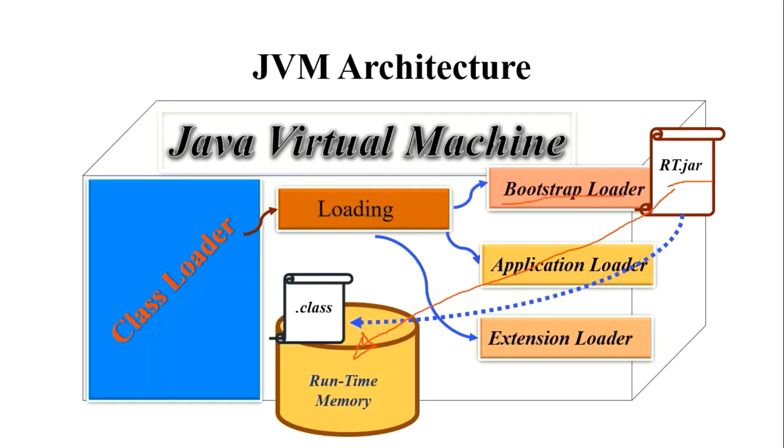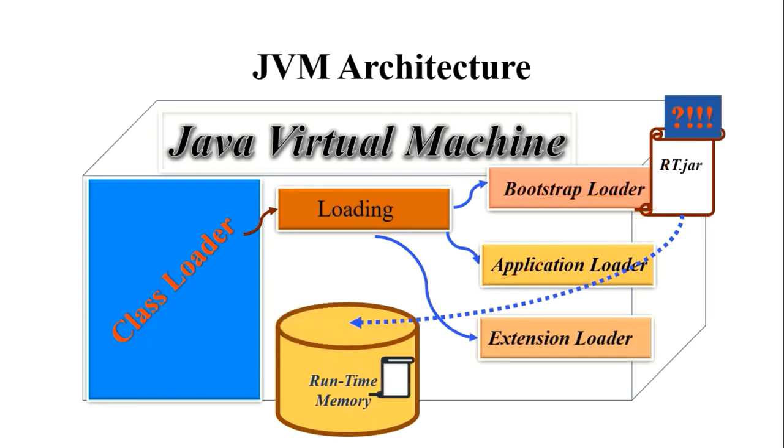Now, what do you mean by rt.jar? It is very important, which is also known as runtime jar. For example, when you write the code system.out.println, do you care about where this System class is coming from? System class is coming from the java.lang package.